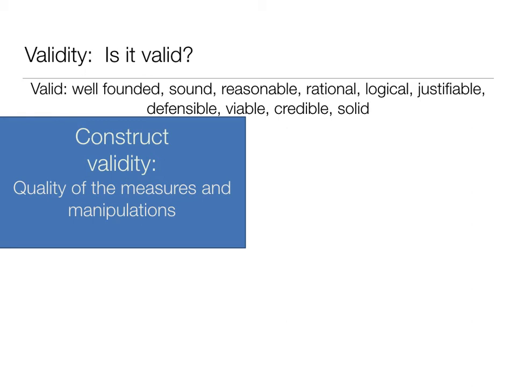We're not looking at IQ. If we're defining IQ as the size of your foot, we've messed some things up, right? So it's the quality of that construct, how well we've defined that, how well we are actually measuring what we're seeking to measure and manipulating what we're seeking to manipulate.